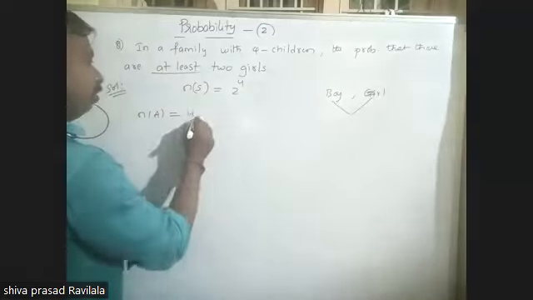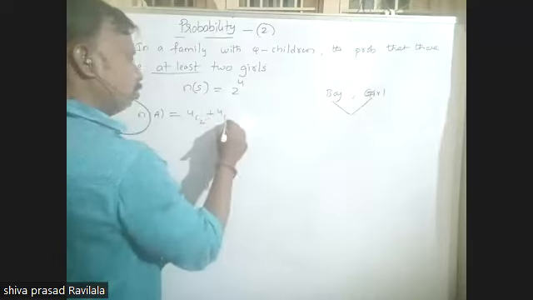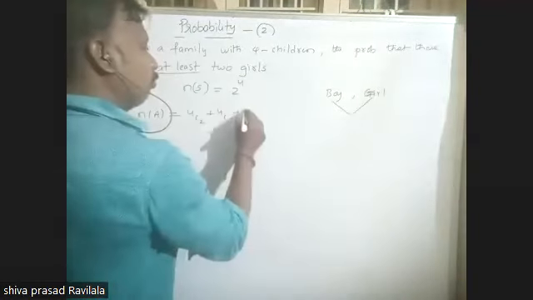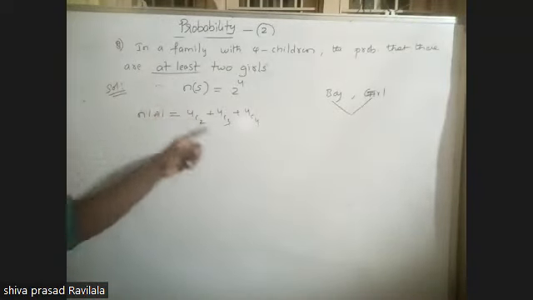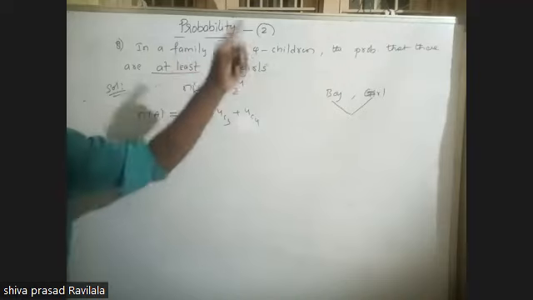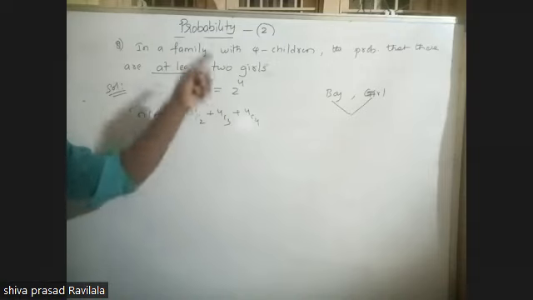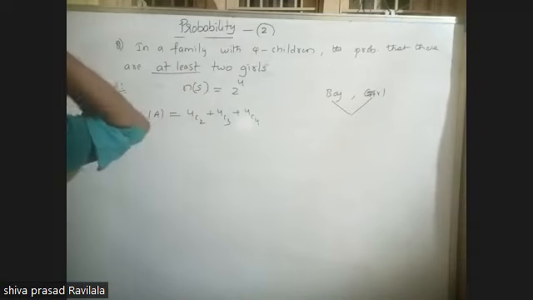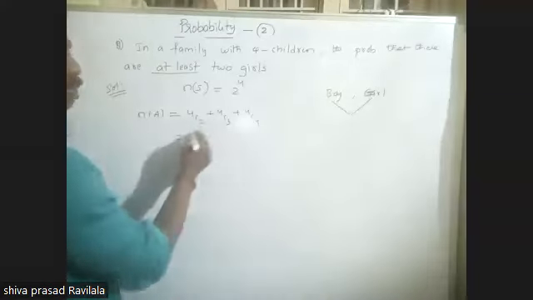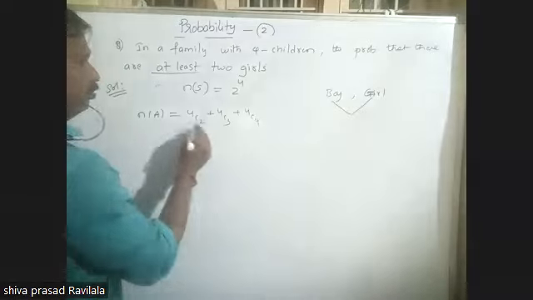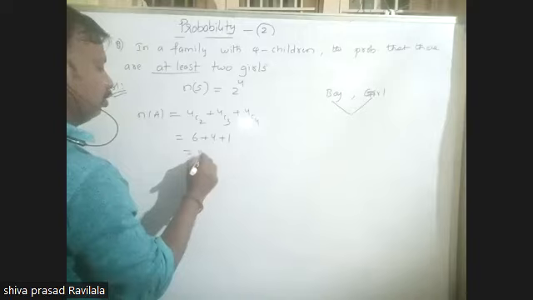Begin with 4C2, at least 2 girls. First case 4C2 plus 4C3 plus 4C4. All these are favorable cases, since at least 2 girls means you can take 2, 3, or 4. 4C2 is 4 into 3 by 2 into 1, which is 6, plus 4C3 which is 4, plus 1, equal to 11.